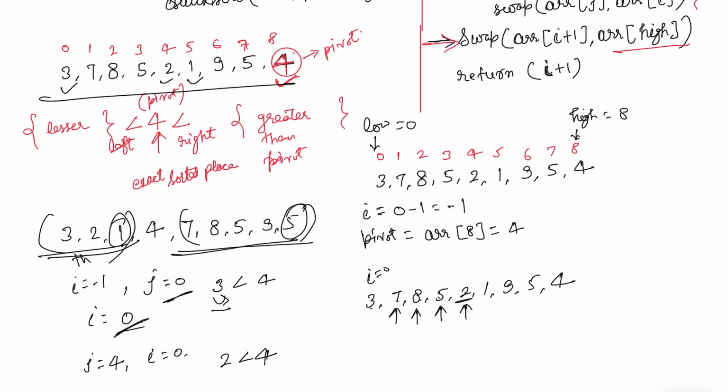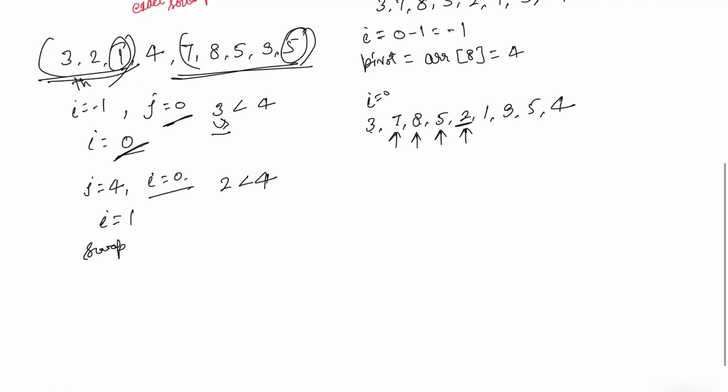So according to this function what we have to do, we have to increment i value by 1, i will be 1, and then swap this array[i] with array[j]. That means array[1] is 7, and array[j] value is 2.